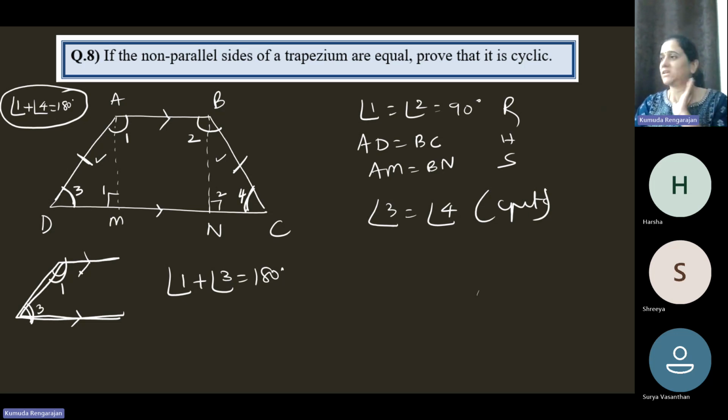But 1 plus 3 is 180. Now, how do you convert this to 1 plus 4? How do you convert this to 1 plus 4 is 180? It's right in front of you. What is the opposite?